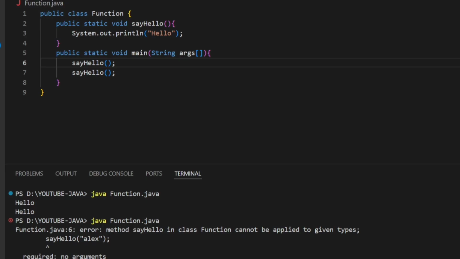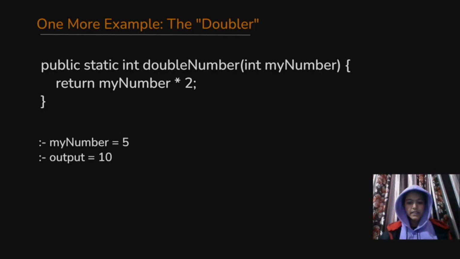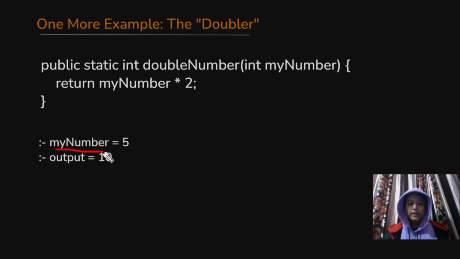It is an important point to note that in a different example the return type is integer. First we write public static, the return type is int, and the function name is doubleValue, and it takes an integer, myNumber. It returns myNumber multiplied by 2, which means it doubles the value. If I pass myNumber equal to 5, the output should be 10. Let's see it in VS Code.